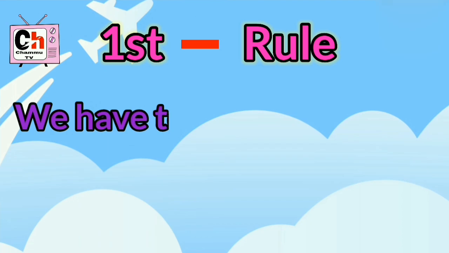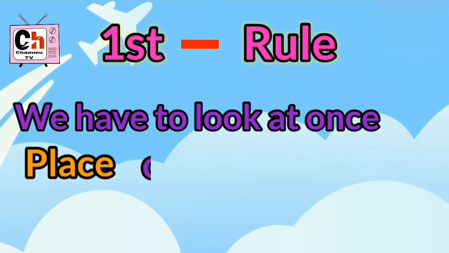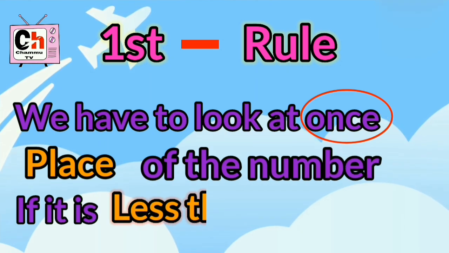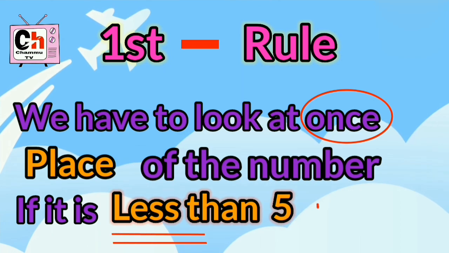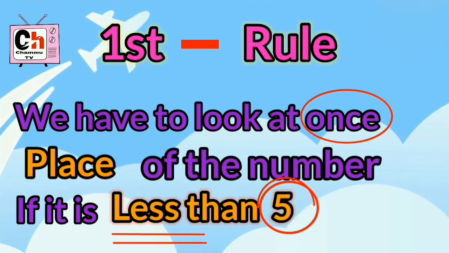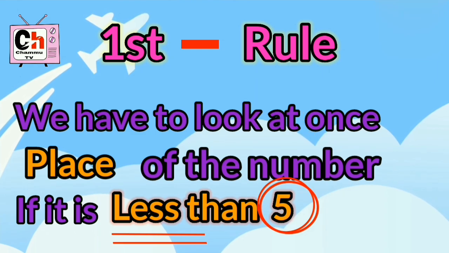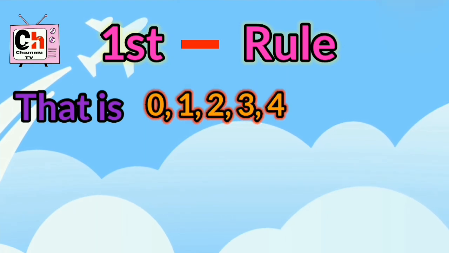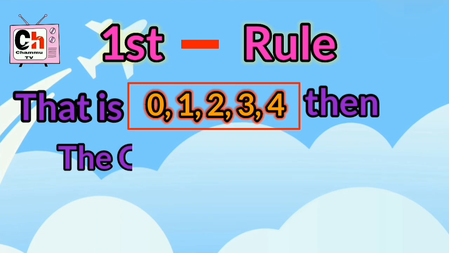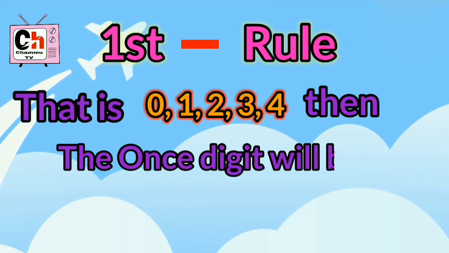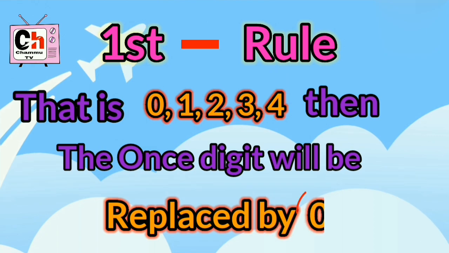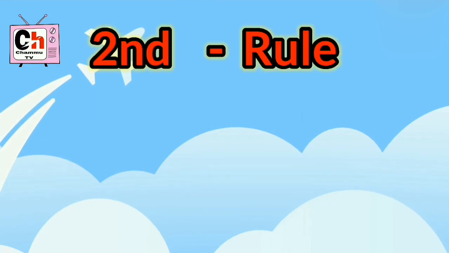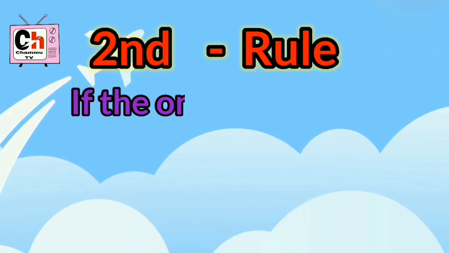First rule. We have to look at the ones place of the number. If it is less than 5, that is 0, 1, 2, 3, 4, then the ones digit will be replaced by 0. Second rule.